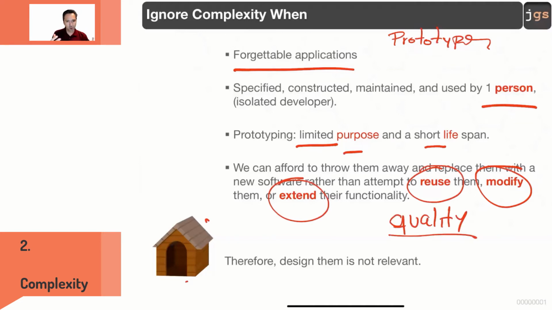When we talk about quality in a piece of software, usually that involves, not limited to, but involves these three. Obviously, for the house of the dog, for a prototype of something, for one person developing software alone with a short life period of time, who cares about extending, modifying, or even reuse?